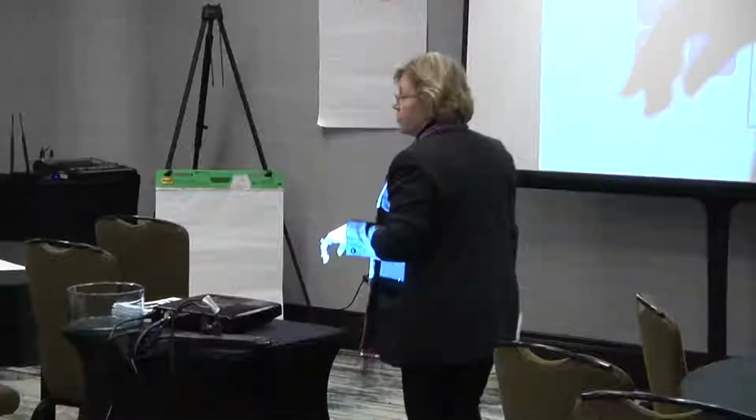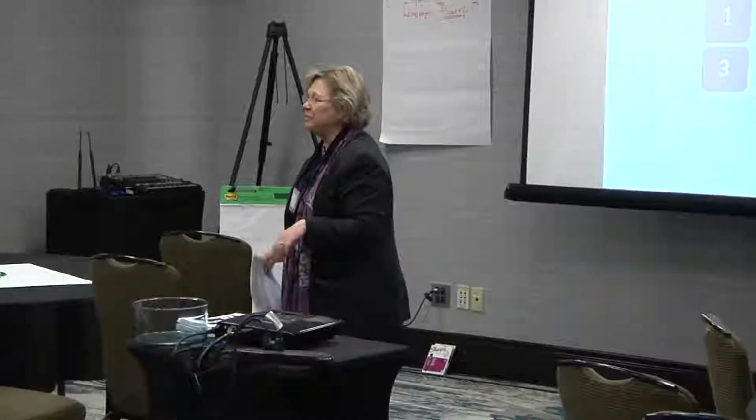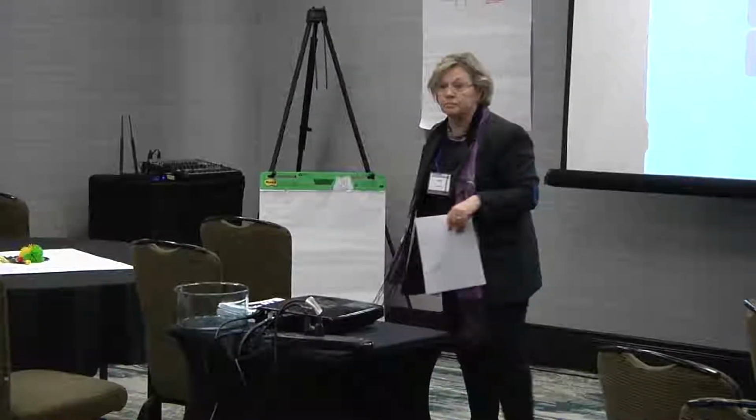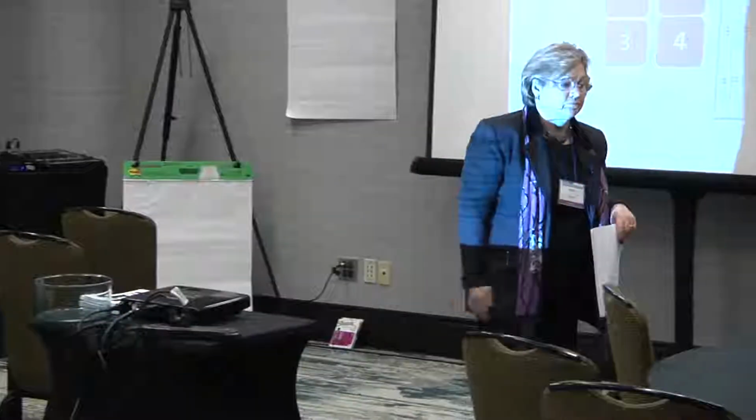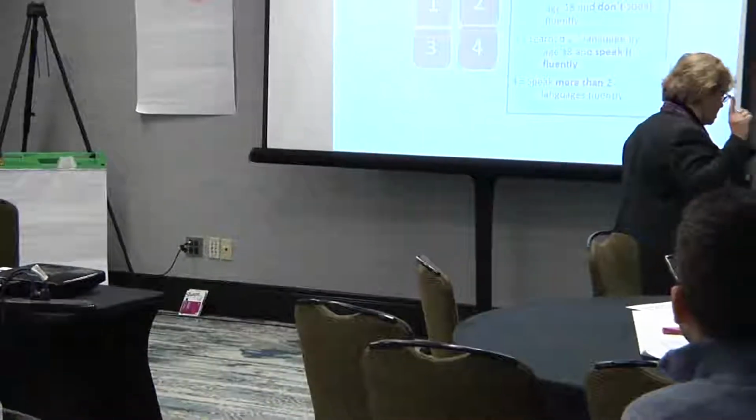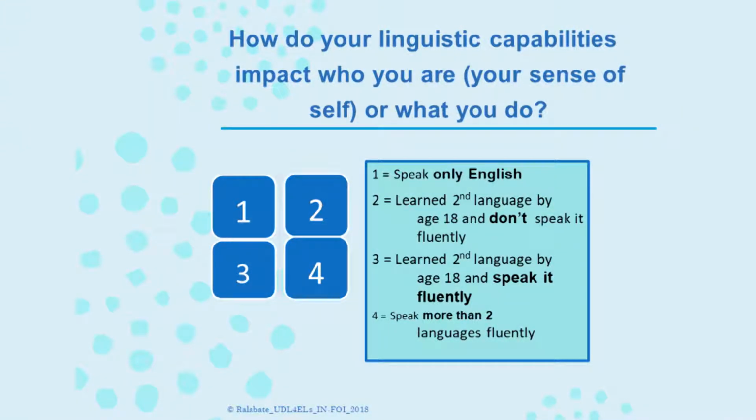An English-only speaker, somebody who, like me, took a language in high school and quickly forgot it. Or you actually do know two languages fluently, or you know more than two. Okay, so pick one thing that you think makes a difference, and put it up on the chart.